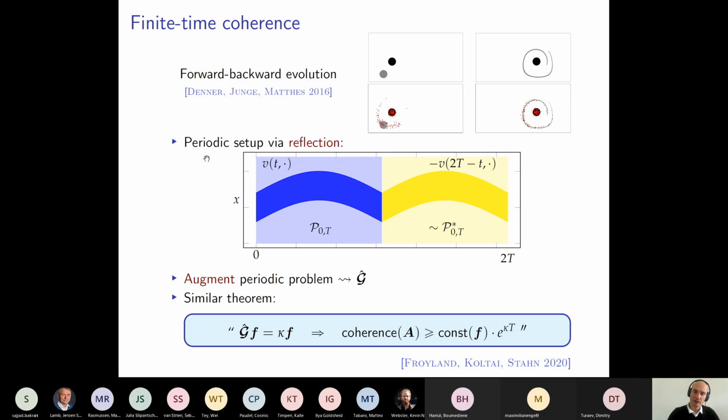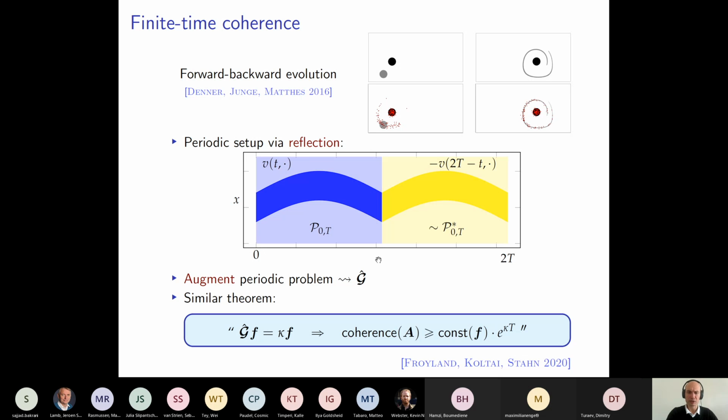And now we lift this into a trajectory-free version, if you wish, because we are not going to simulate anything. We are just setting up, again, an augmented generator problem via reflection. And this reflection we are doing in time. So we have one copy of the system from 0 to tau.